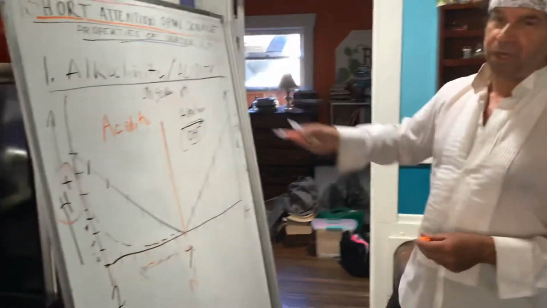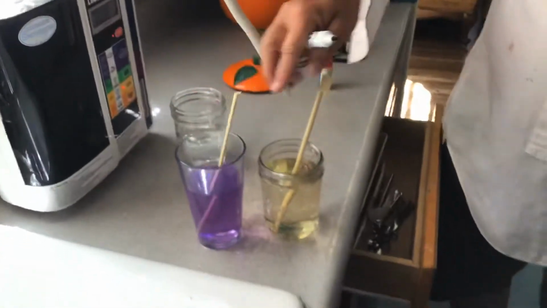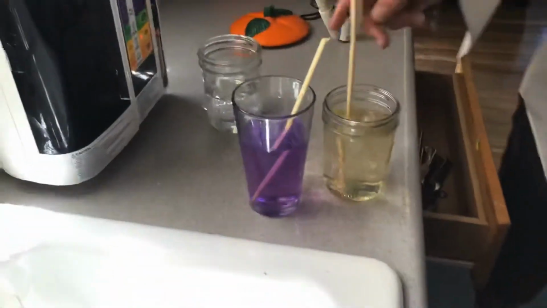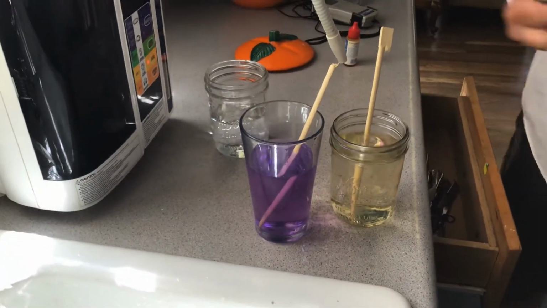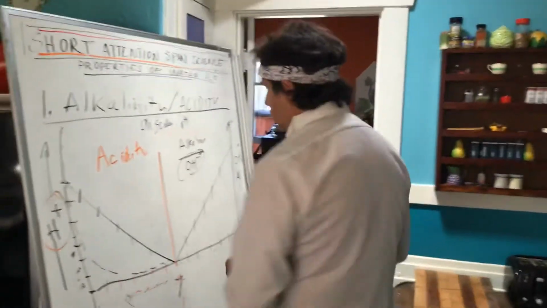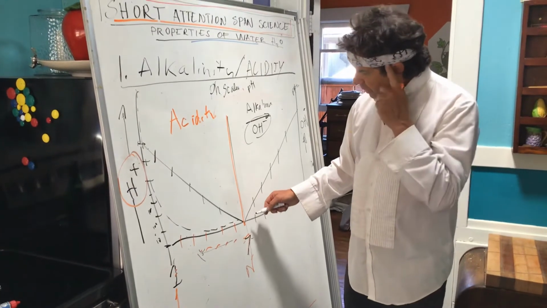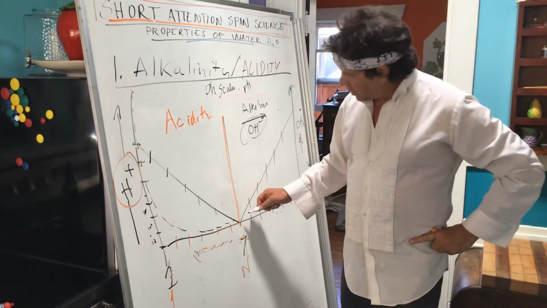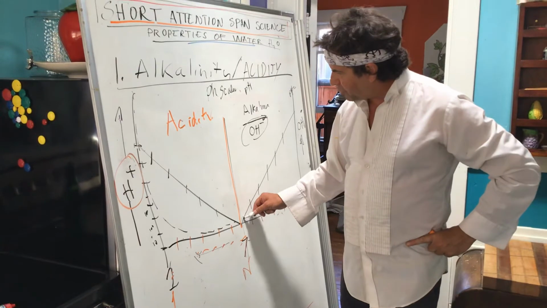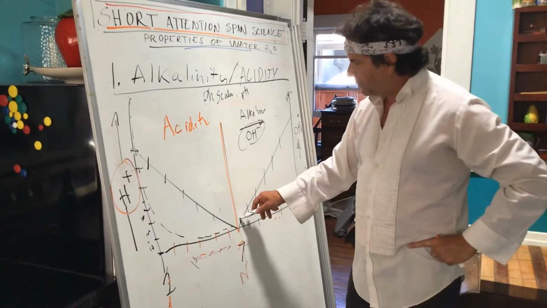That's alkalinity and acidity, and this shows the machine that makes it. It also shows the proof of what that ion is, because of the phenolphthalein solution. The other thing I want to say is your blood level is always right in 7.2, 7.3, right in here, and your body does a lot to keep it that way.